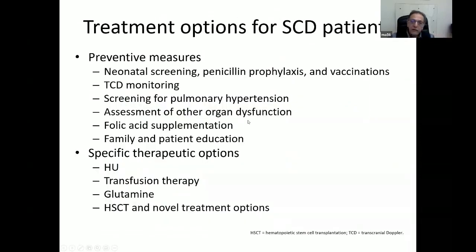Now, having said this, the management of sickle cell disease should always be multidisciplinary. Preventive measures, neonatal screening, starting with the newborn screening team, implementation of penicillin prophylaxis and immunizations, monitoring of TCD, transcranial Doppler for stroke risk, screening for pulmonary hypertension, assessment for other organ dysfunction, ophthalmic evaluation is critically important, supplementation with nutritional goals, and family and patient education are important.